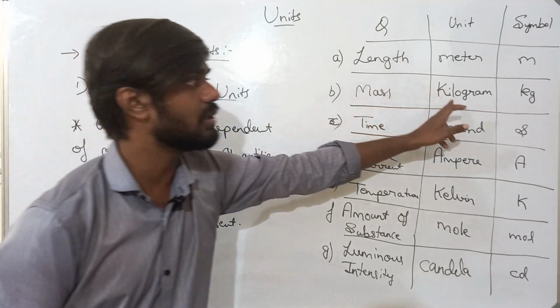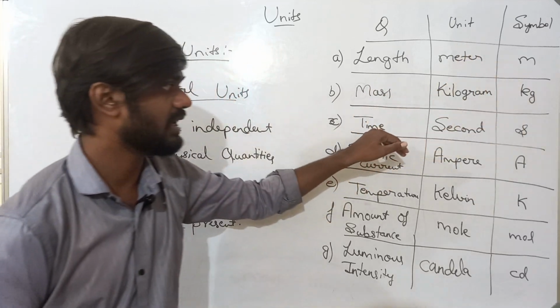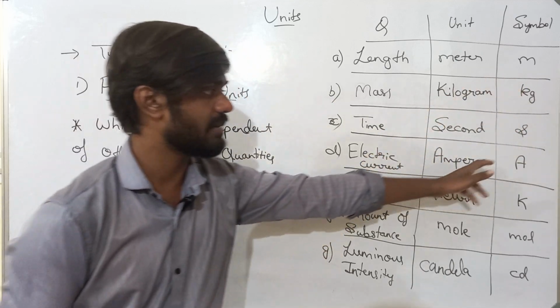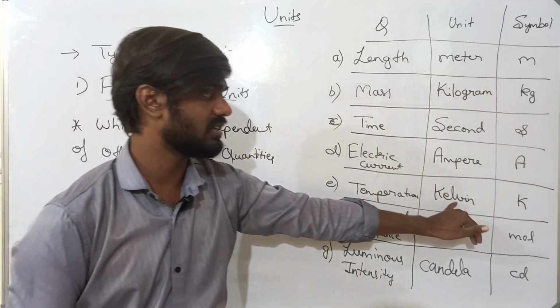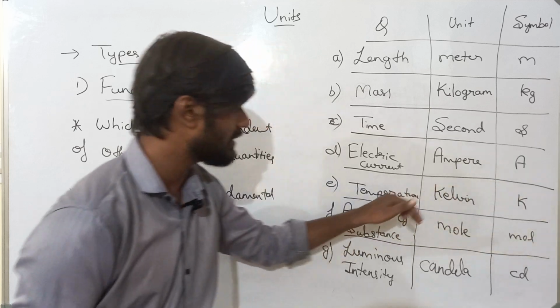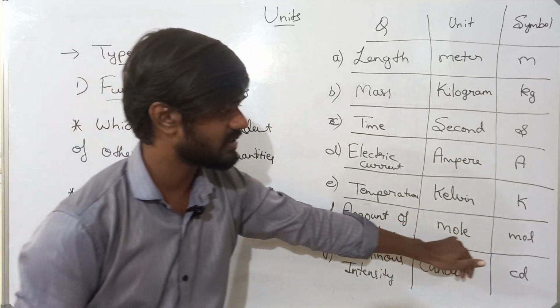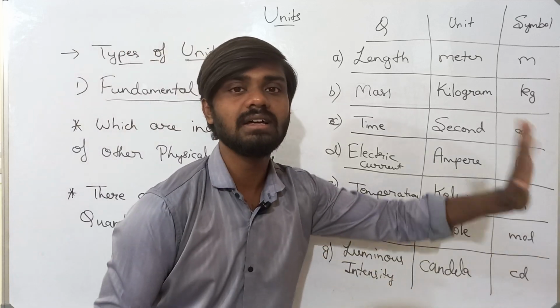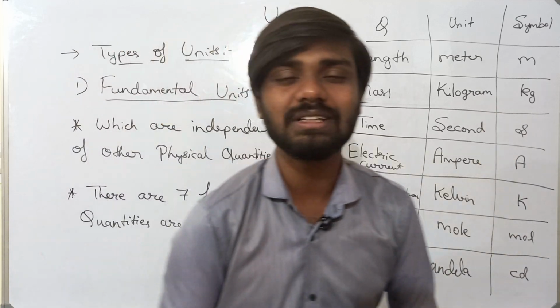For mass it is kilogram, the symbol is kg. For time the unit is second, small s. Electric current, ampere, A. Temperature, the unit is Kelvin, capital K. The amount of substance is mole, MOL. Luminous intensity, candela, CD. I hope you people got this.